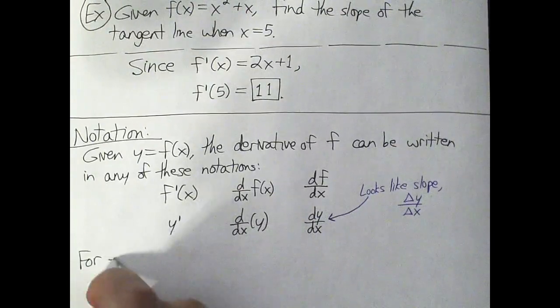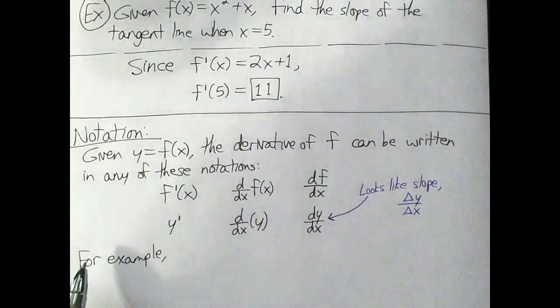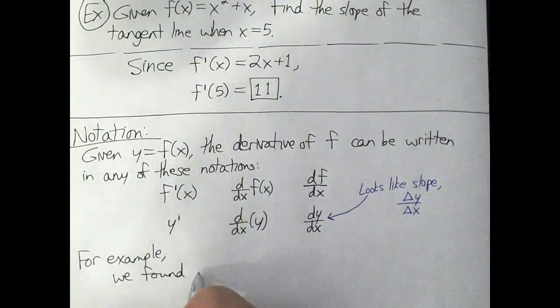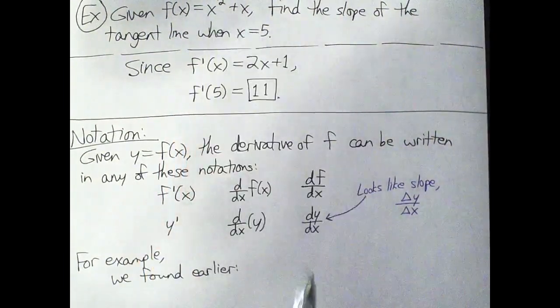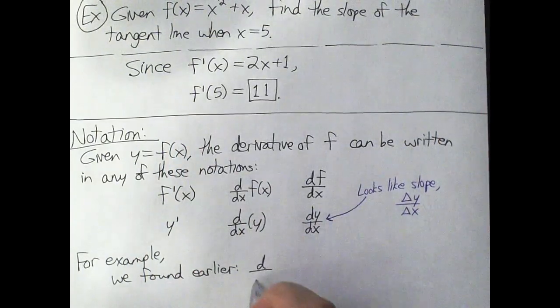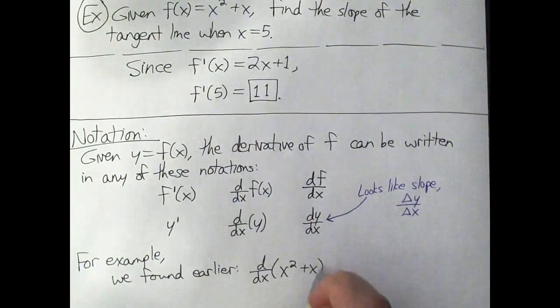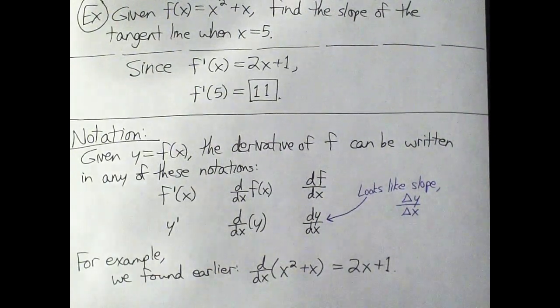All right, let me tell you, just for example, with this notation we found earlier, we found the derivative of x squared plus x, and another way that we could write it is d dx of x squared plus x. We found that it was 2x plus 1.